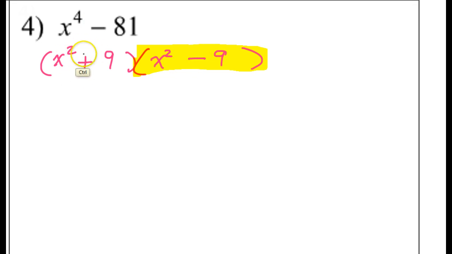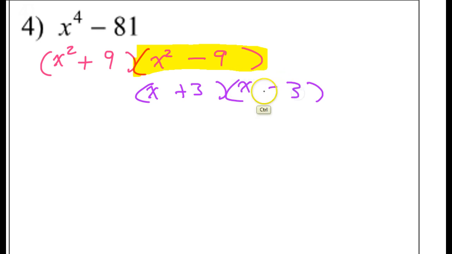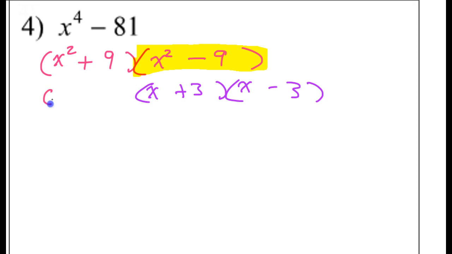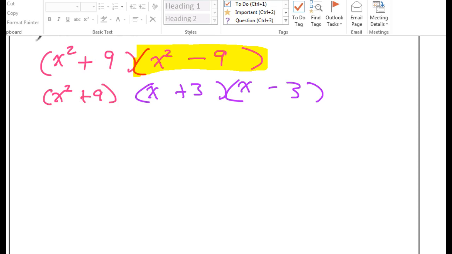This one on the left can't be factored anymore because it is addition. But this one can be factored as x plus 3 times x minus 3. And then you just bring down the first one as it is, x squared plus 9. So this would be factored completely.